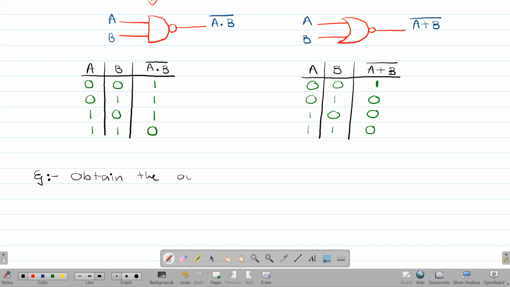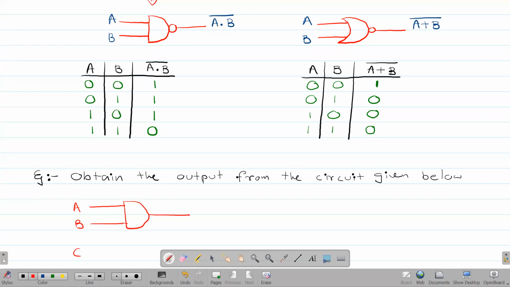Obtain the output from the circuit given below. Right? So I'll take a small circuit where A and B go through an AND gate.